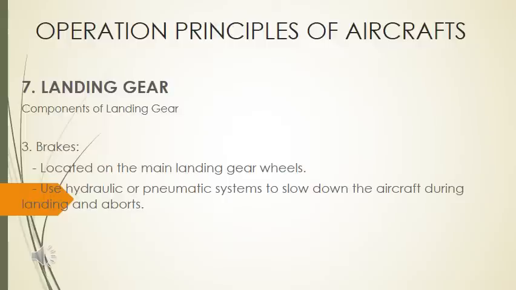Say an aircraft is about to land and we want to reduce the landing distance, you just apply the brakes so that it will stop quickly. And let's say there's an abort, an aircraft is about to fly, but then something happens, you just have to stop the flight. Brakes are still needed. So they are located on the main landing gear wheels.